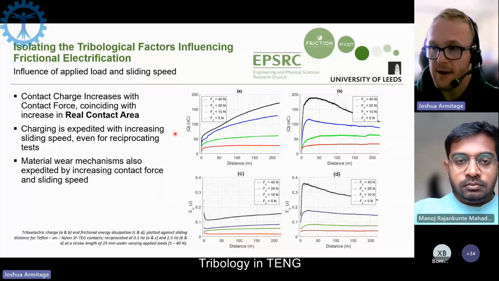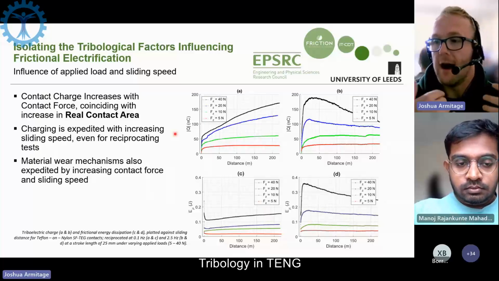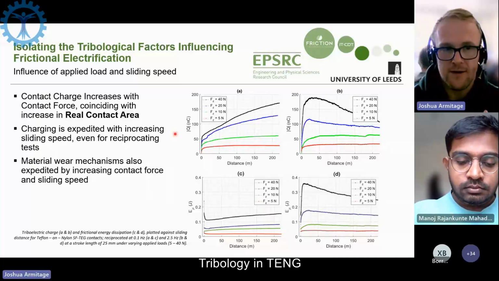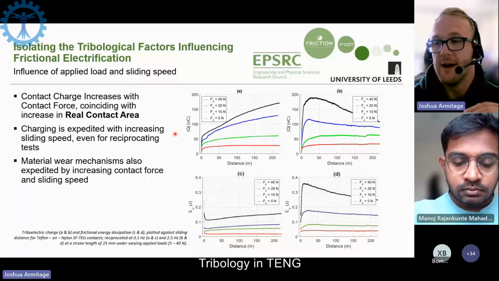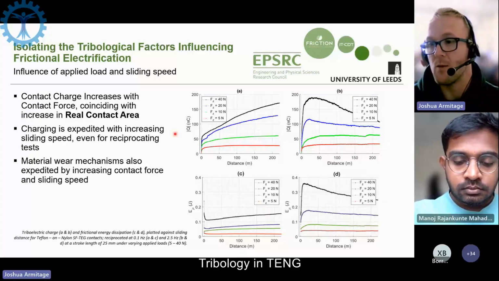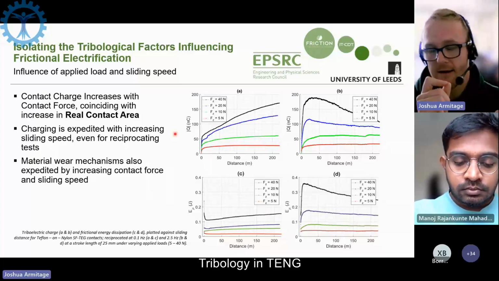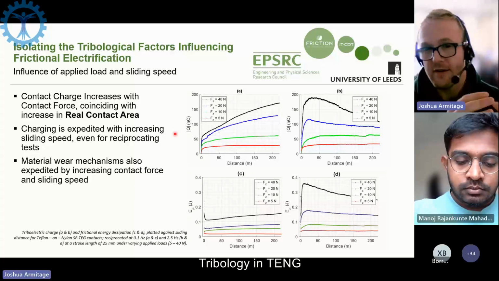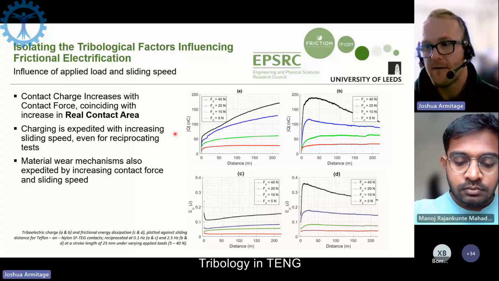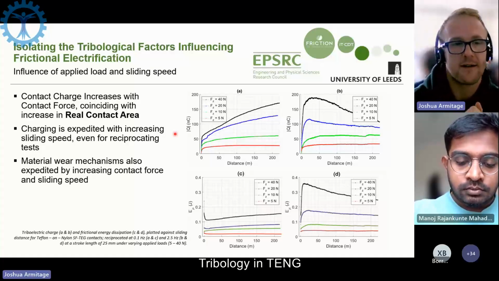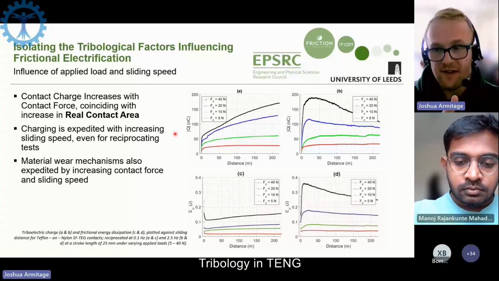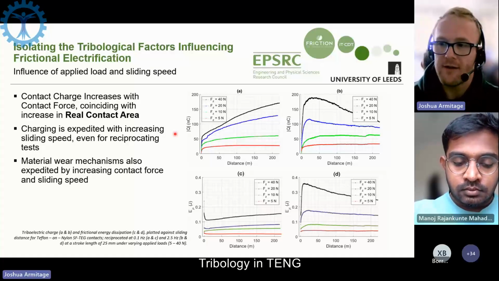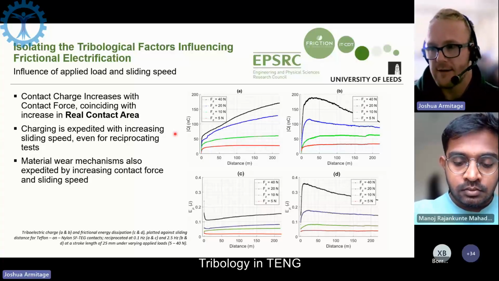So looking into the applied load, as we increase it, as I'm sure many of you are aware, you increase the applied load to a contact, you're increasing the real contact area within that, especially at low loads. So this is quite a low load, very low contact pressure, with it being a plate-on-plate contact. So most of this increase of load it's not going into increasing the contact pressure, it's going to increase the real area of contact.